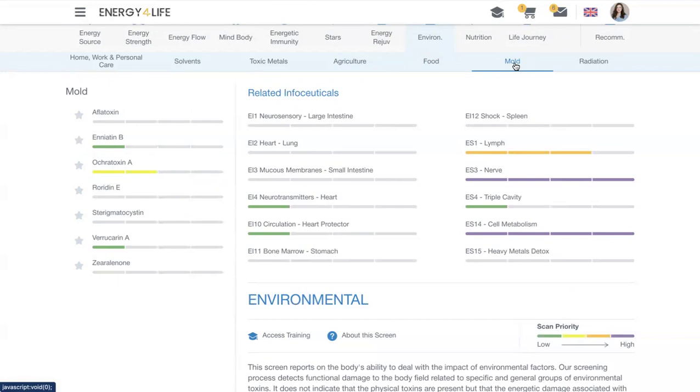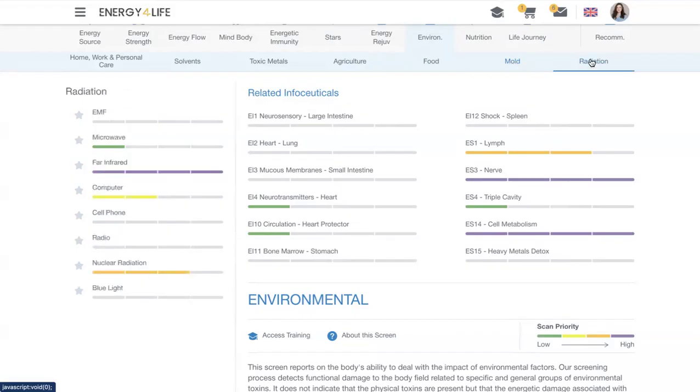So just implementing techniques that are trying to support mold reduction, not eating food that's old that would have mold on it. And then, of course, if there's imbalance in the body, then that can express itself with having verrucas or fungal toenails, etc. So that would be showing up here.